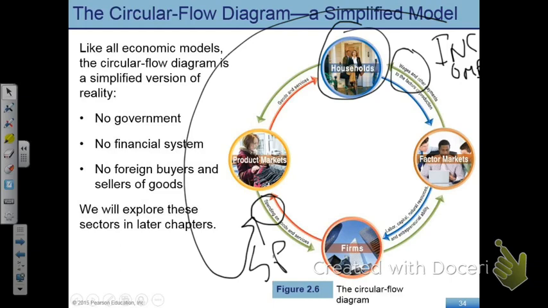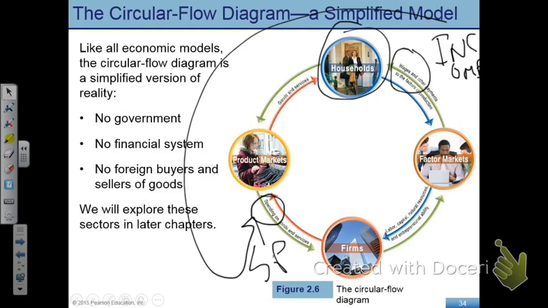Okay, keeping in mind the two things that our household does, but is not reflected in this model, what do you think is missing from our circular flow diagram? Are we missing any important institution or players or elements in our economy?